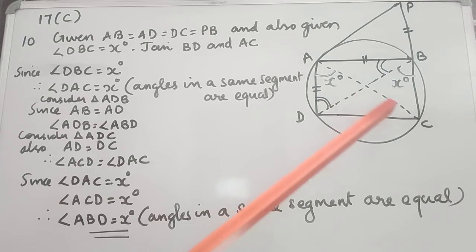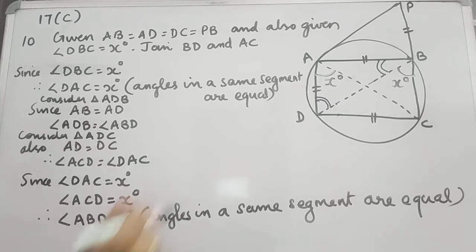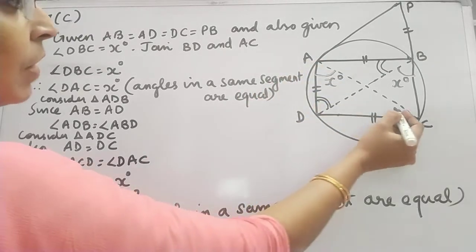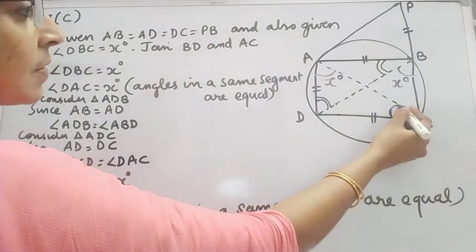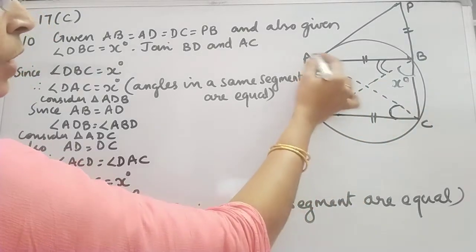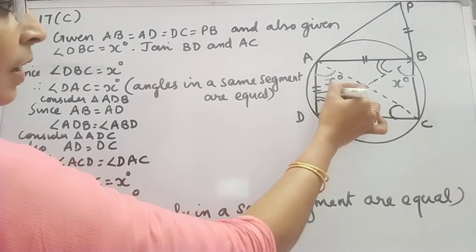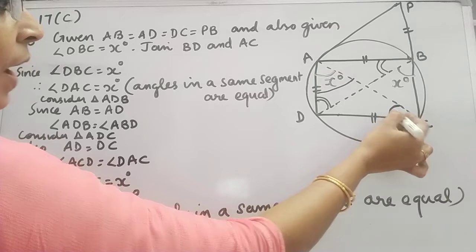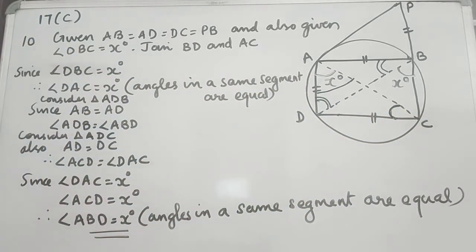So these two angles will be equal. That is, ACD will be equal to DAC. These two angles will be equal.